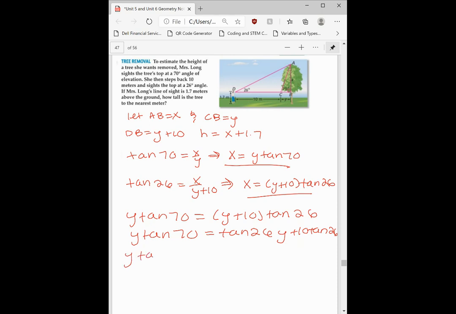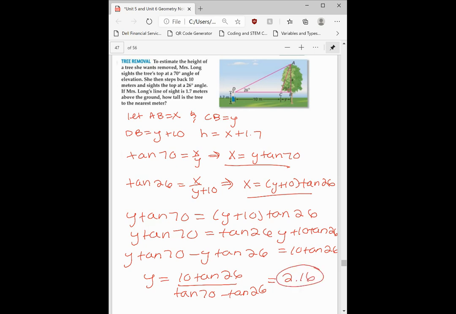So we have y tan 70 minus y tan 26 is equal to 10 tan 26. And then we can take y out and then divide by the remainder. So we have y is equal to 10 tan 26 over tan 70 minus tan 26. And if we put that into our calculator, we get 2.16.